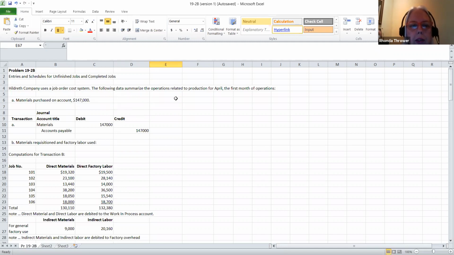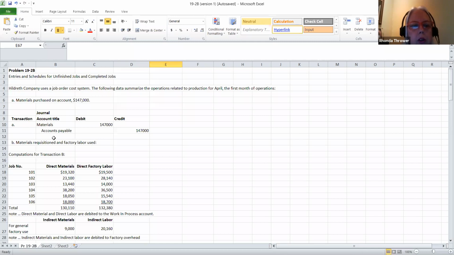The following data summarize the operations related to production for April, the first month of operations. The first thing they want us to do is to journalize transaction A. Transaction A says materials are purchased on account of $147,000.